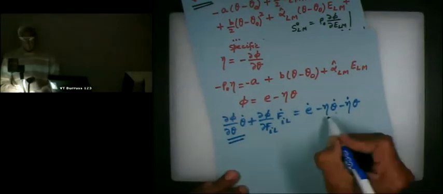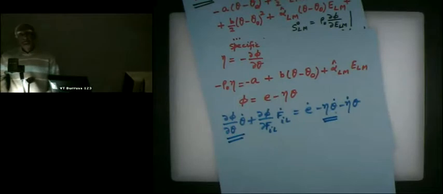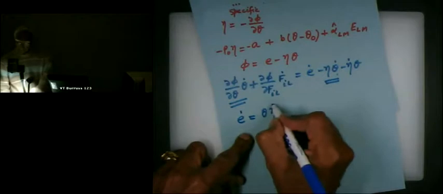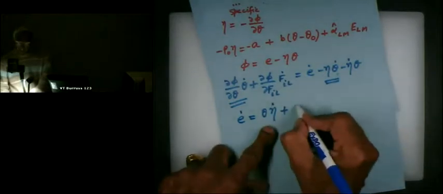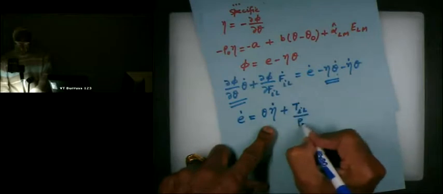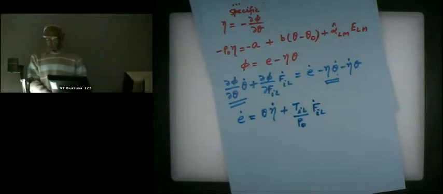But this term cancels with that. Therefore, E dot equals theta eta dot plus, this is TIL over rho 0, F dot IL.